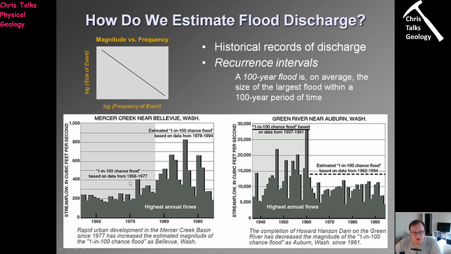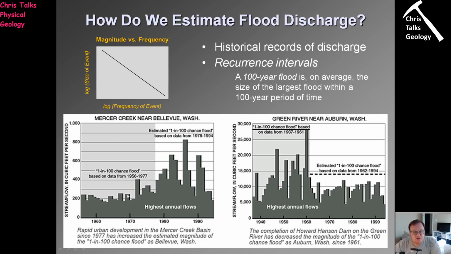Because if your 1 in 100 year flood is only 400 cubic feet per second, well, maybe a smaller area will be flooded, and maybe that kind of flood will do less damage, so you don't have to plan quite so well. In contrast, if your 1 in 100 year flood is in excess of 800 cubic feet per second, well, that means lots of water, lots of damage, and you have to plan well. So what you select as your 1 in 100 year flood is obviously going to affect your planning.